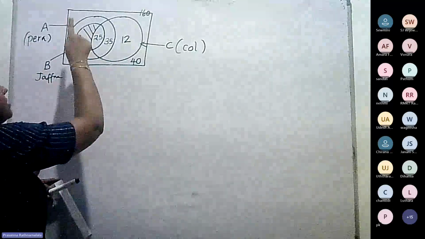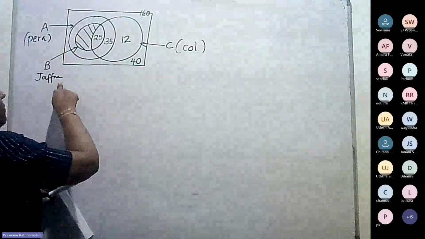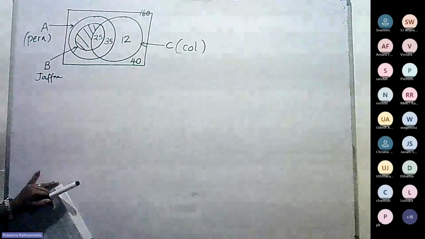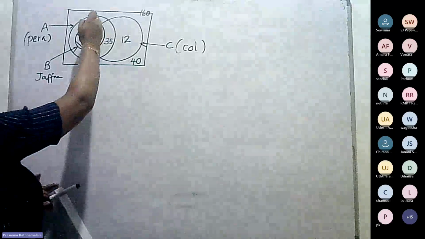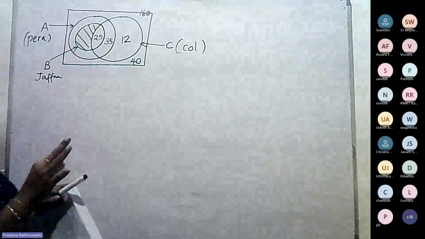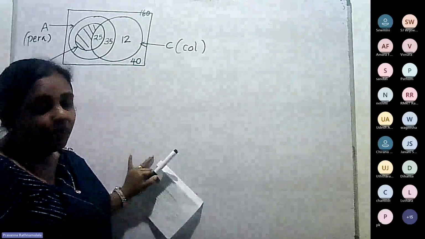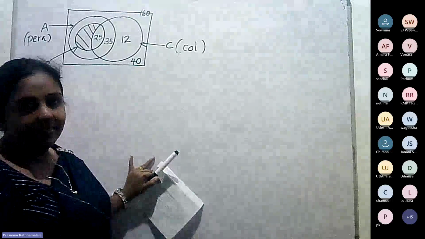Here, the students who applied to Peradeniya and Jaffna only, the shaded one. And this region, how do you describe it? The students who applied to Peradeniya medical faculty only.